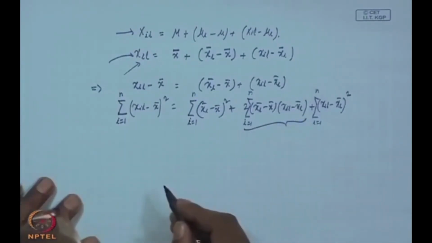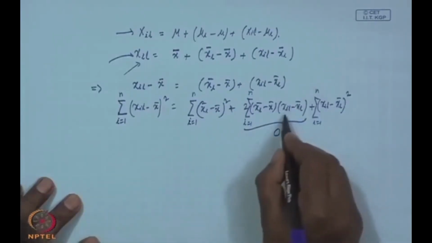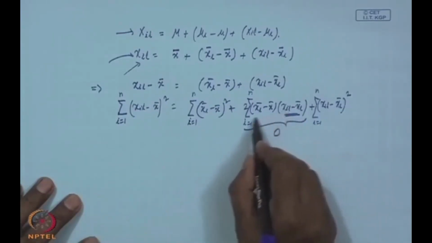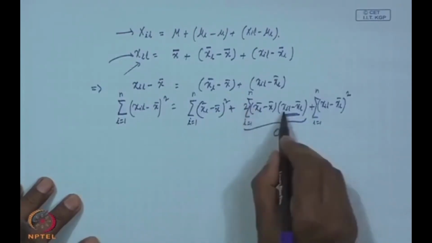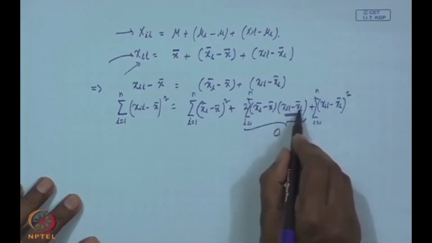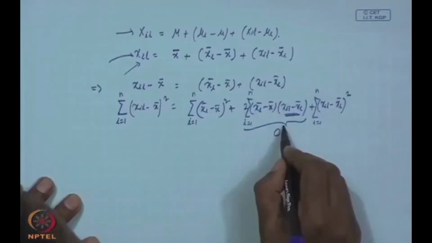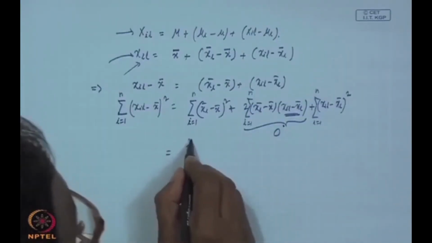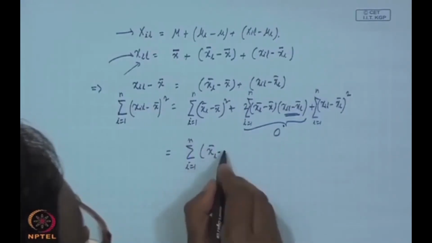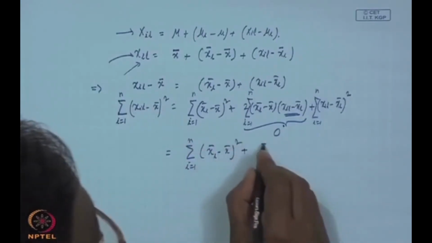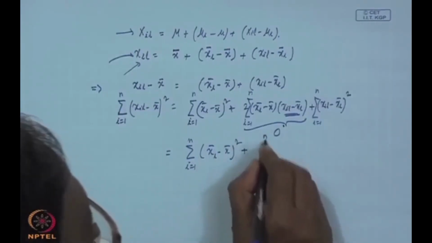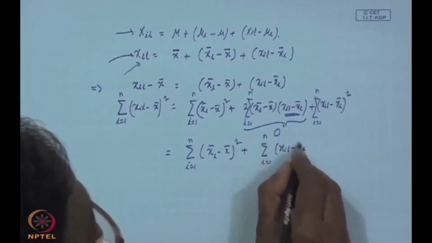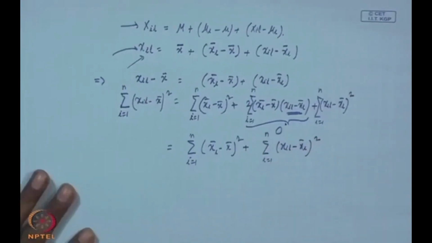The middle one will become 0, because of this quantity. When you write the sum over I equal to 1 to n of XIL, this will be n XL bar, minus XL bar for n times, that will also be n XL bar. So this value will become 0. Your resultant quantity will be the sum over I equal to 1 to n of XL bar minus X bar square plus the sum over I equal to 1 to n of XIL minus XL bar square.